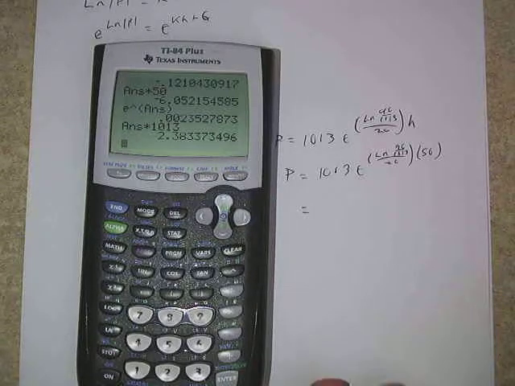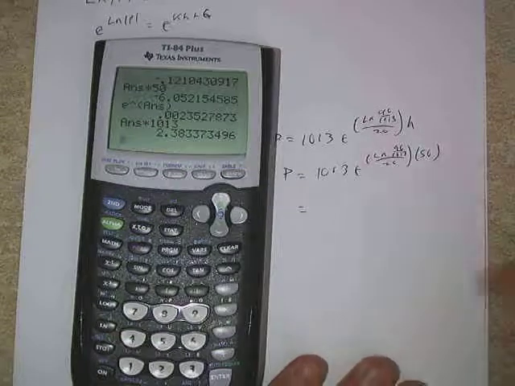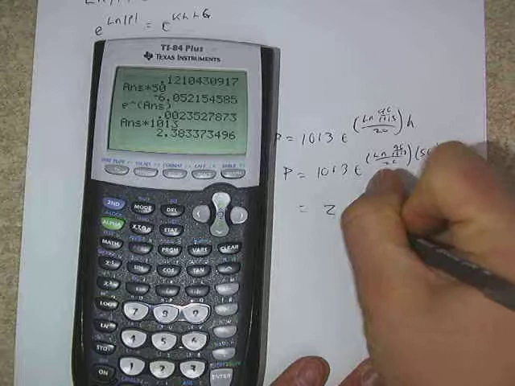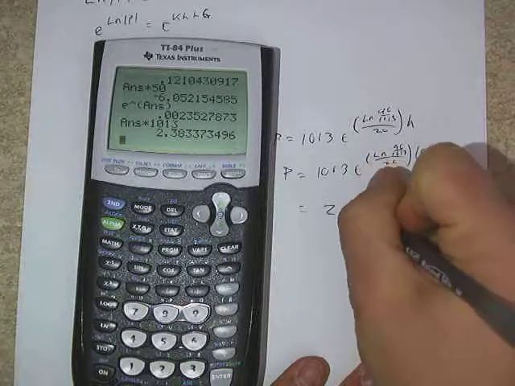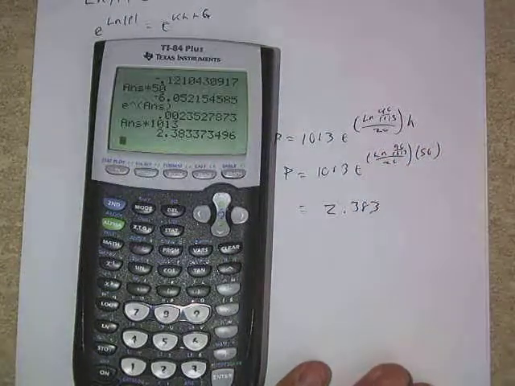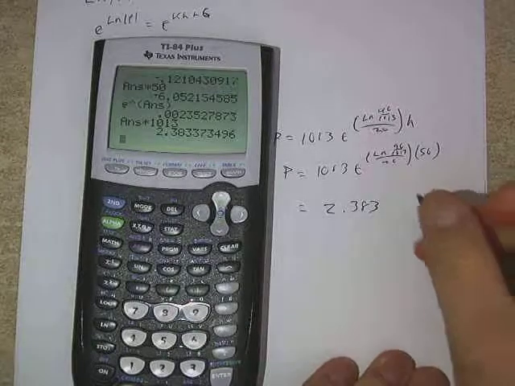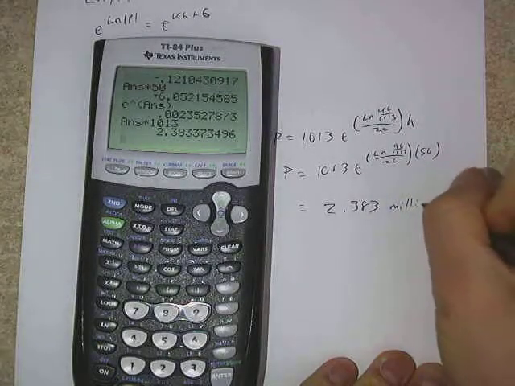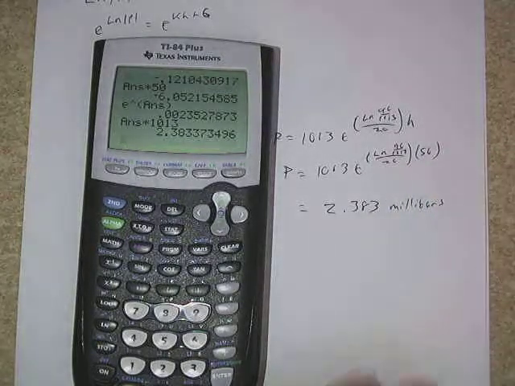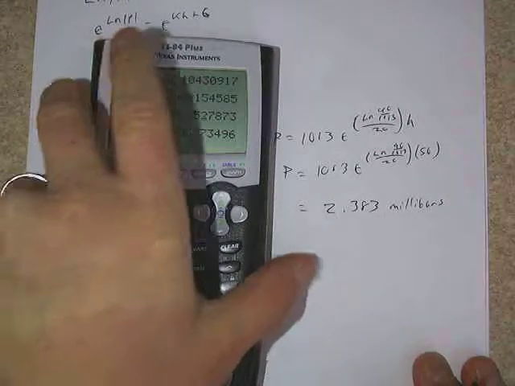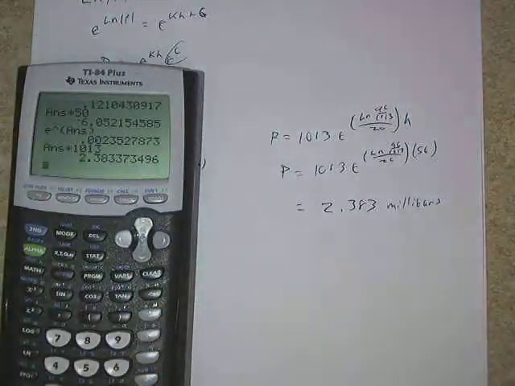And if I go e to that, and times 1,013, oh, that did work out right. Let's see. So ultimately we'd get 2.383. That was right in the first place. And keep in mind this is pressure, so it's in millibars.